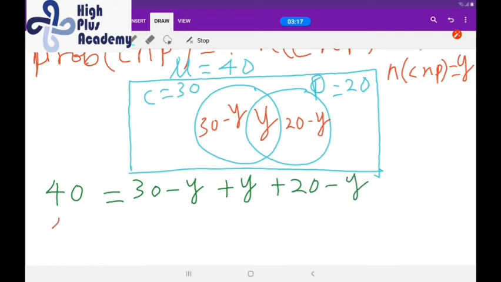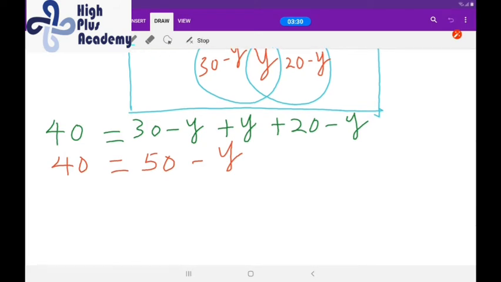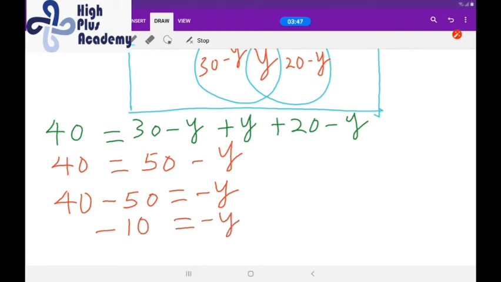We're going to have 40 equals 30 plus 20, that is 50, minus y plus y will give us 0, so we are left with minus y. So when you collect like terms, 40 minus 50 equals negative y. So 40 minus 50 will give us negative 10 equals minus y.